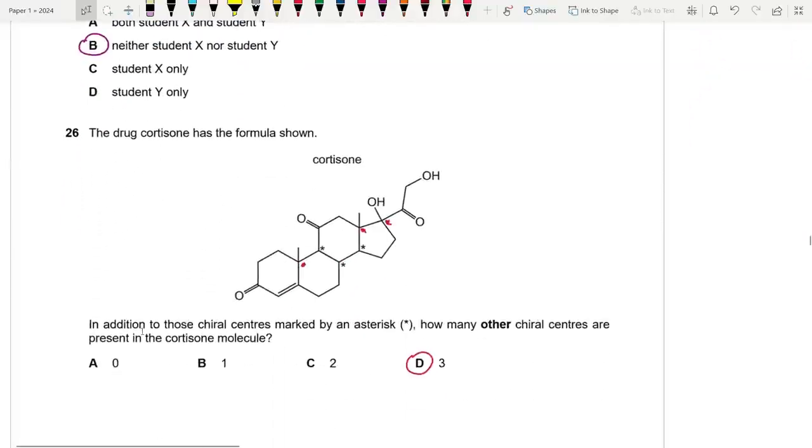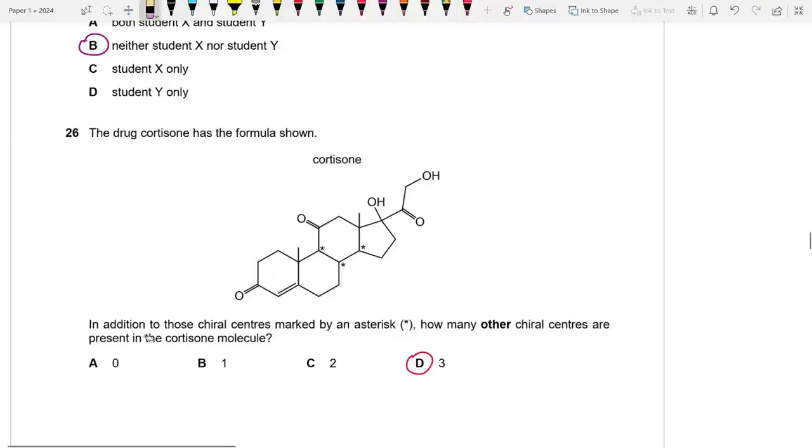26. The drug cortisone has the formula shown. In addition to the chiral centers marked with an asterisk, how many other chiral centers are there? I'll teach you a quick trick. Any sp2 hybridized carbon is already excluded because we need 4 different groups attached to a carbon atom to be chiral. And these are also excluded because these have 2 hydrogens attached to them. Okay, so these are excluded.